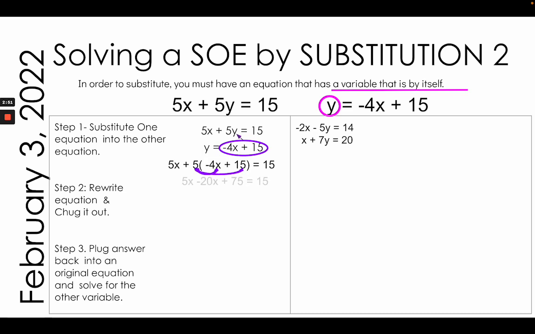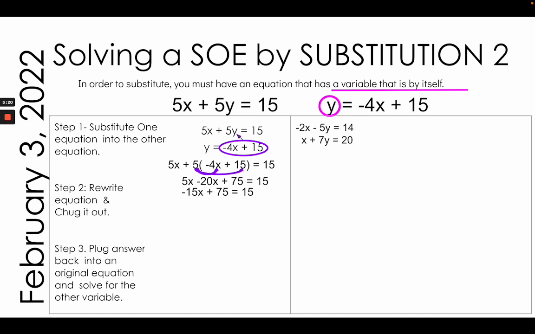We drop our 5x here. 5 times negative 4x is negative 20x. 5 times 15 is positive 75. Then we drop the rest of the equation. Let's simplify. 5x minus 20x, we can combine those two because they're like terms. We get negative 15x plus 75 equals 15.